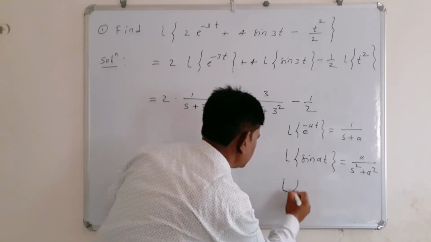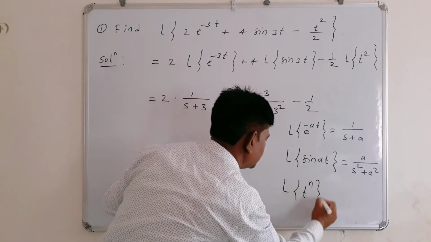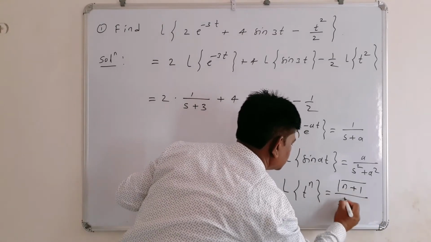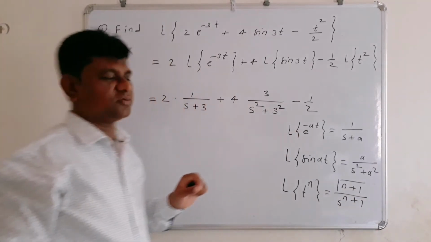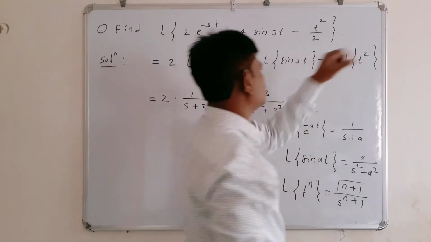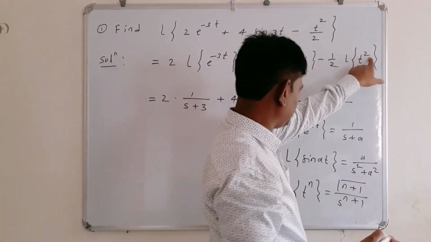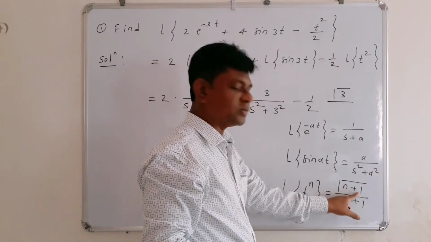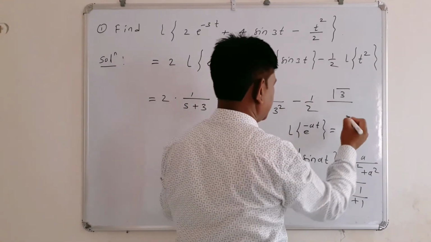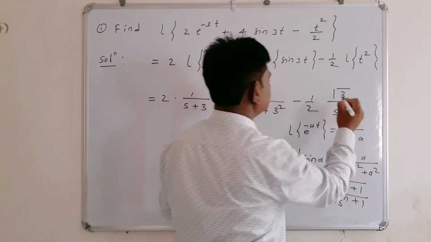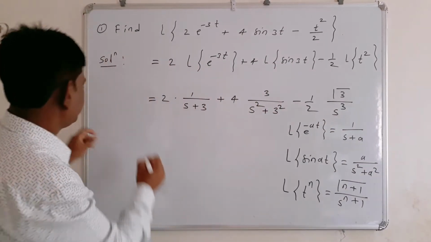The Laplace transform of t to the power n is gamma n plus 1 upon s to the power n plus 1. So Laplace transform of t square is gamma 3 upon s to the power 3, since here n is 2, and 2 plus 1 is 3.